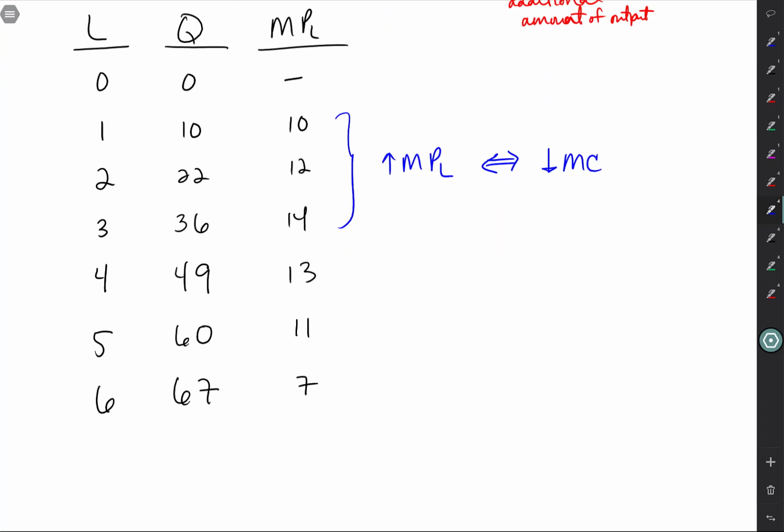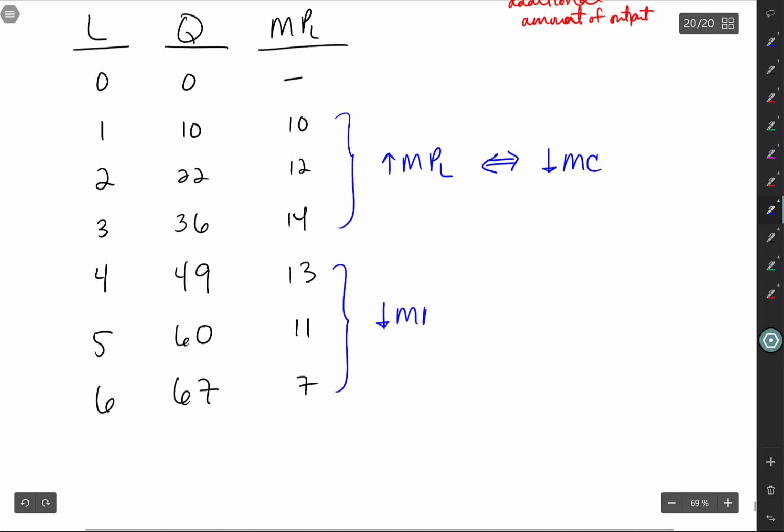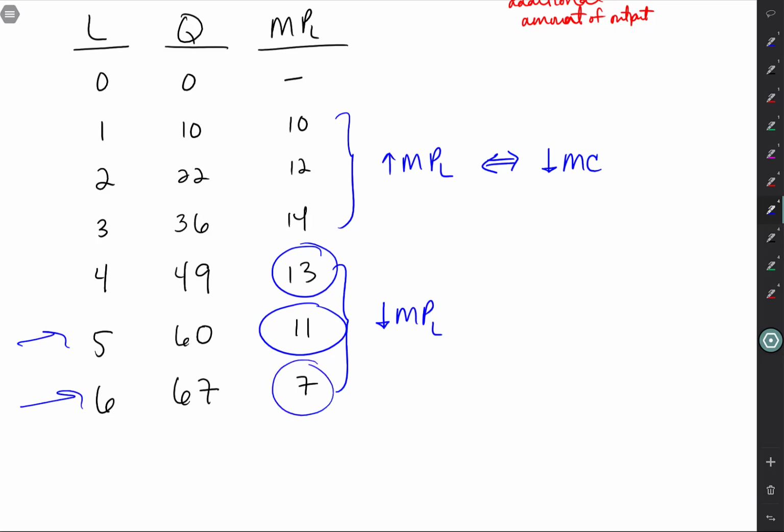Okay. So, with that knowledge, once diminishing returns kick in, and remember they will always eventually kick in. If they don't kick in initially, they will always eventually kick in. So they've kicked in here. Marginal product goes down. Well, $10 to produce 13 units, and then $10 for the 5th hour to give us 11 units at the margin, then $10 for the 6th hour to give us even fewer units. Sure, output is increasing, but it's increasing at a diminishing rate, so these units are getting more and more expensive to produce at the margin.